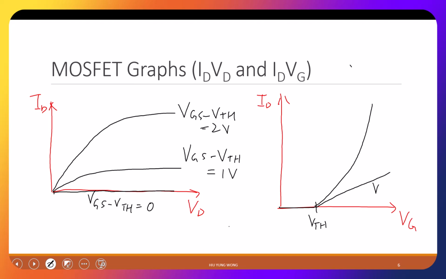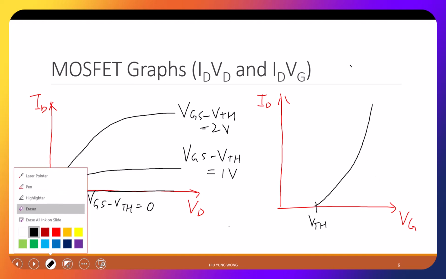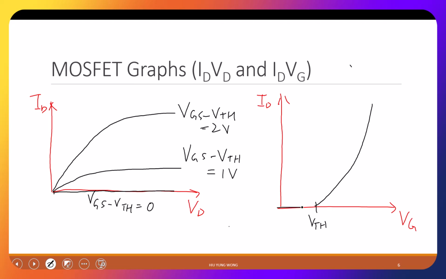So this might be VD, and let me redraw this because I did not draw it in the right scale. This might be VD equal to 50 millivolts, very tiny. It's just linear, depending linearly on VGS. And this one might be VD equals 2 volts. It goes up quadratically, because now you are in the saturation region.